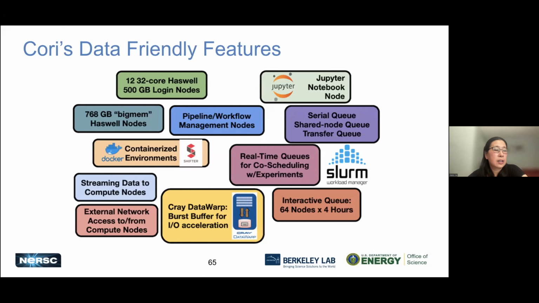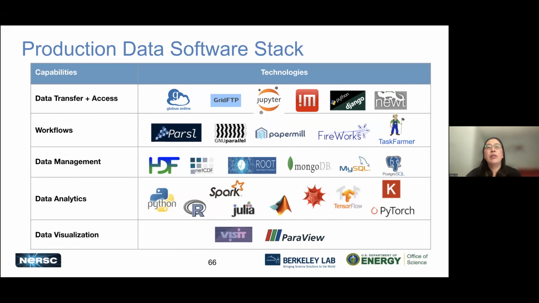Compute nodes can have access to the outside world, and you can stream data to compute nodes, database access, etc. We have interactive queues here, and Data Warp is for I/O acceleration. So here is the list of the data related software stack.